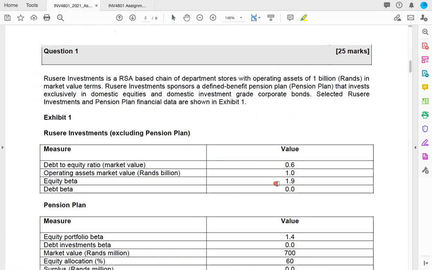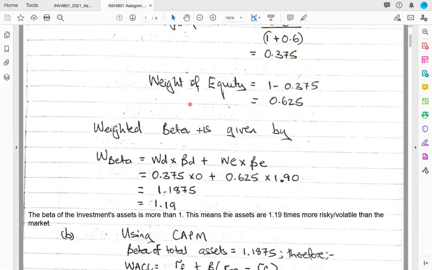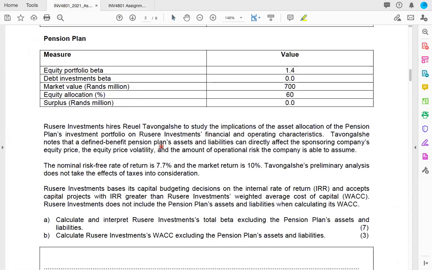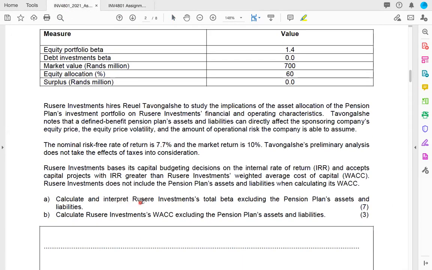Remember, we've been told that our debt has a beta of 0, our equity has a beta of 1.9. If we do this calculation, we get 1.1875. So that's the weighted beta associated with the debt and the equity, the sources of finance, right? And then we're told to calculate and interpret Rosetta Investments' total beta, excluding the pension plan's assets and liabilities.